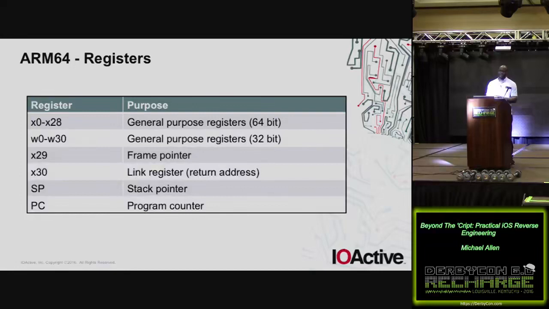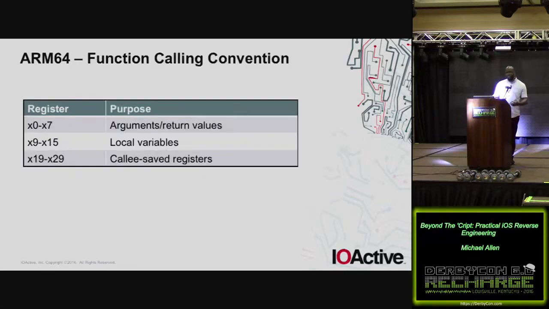Of course, you have your usual suspects again, frame pointers and so on, and again, how arguments get passed to functions. An entire talk could be done on this section alone, right? This is just to introduce you to just enough to at least get you started.